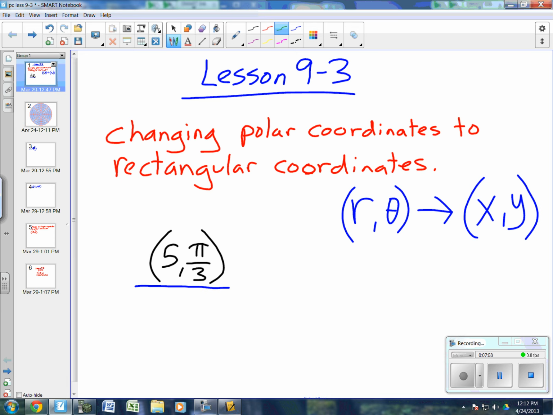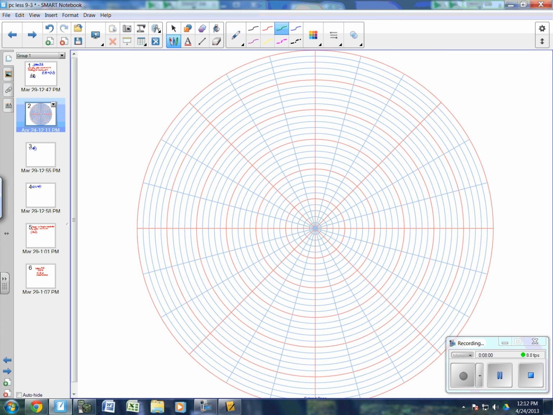Okay, so I'm going to go to 5 comma pi thirds. Where would pi thirds be, you guys? Right up here, right? 60 degrees. So that's right here. So 1, 2, 3, 4, 5. If I use the red lines as marking 1 unit each, this is the point 5 comma pi over 3.